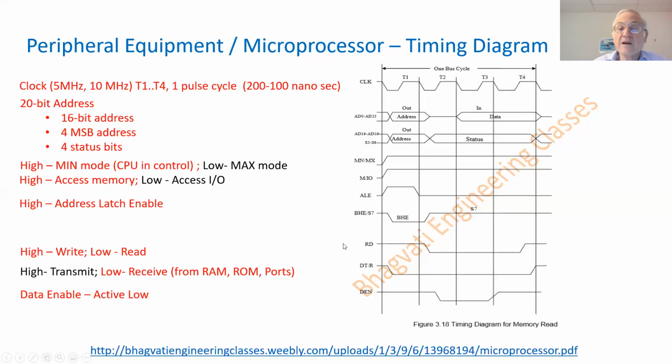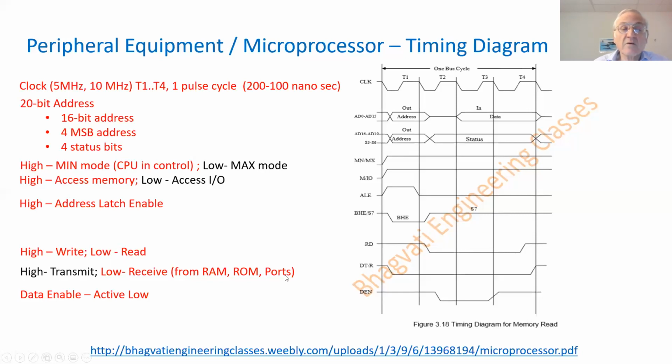Then we have over here read or write. A low is read and the high is write. So we're writing the address, and then we're reading the data from the device, the peripheral device, with a low.